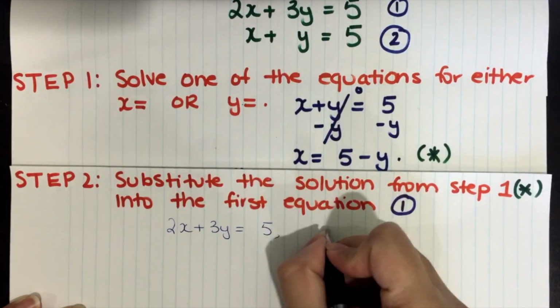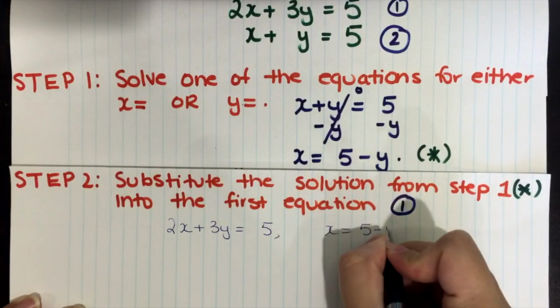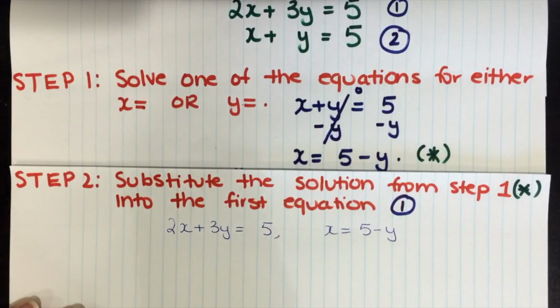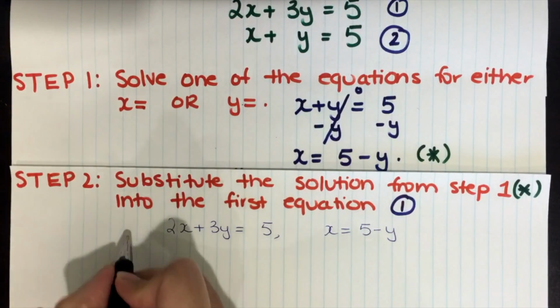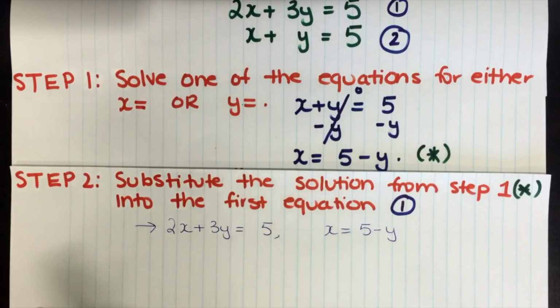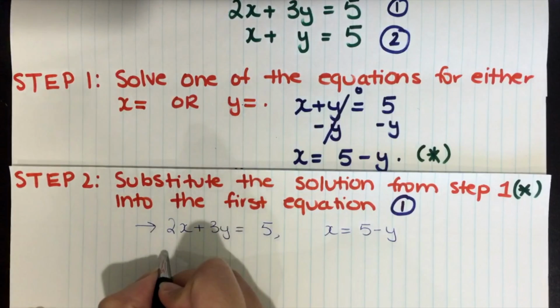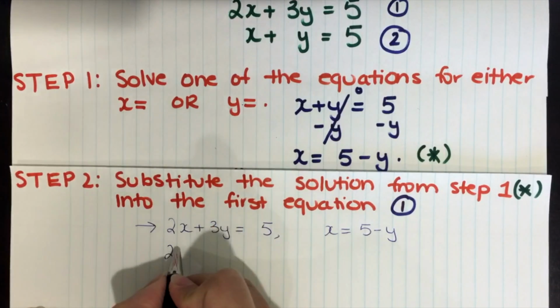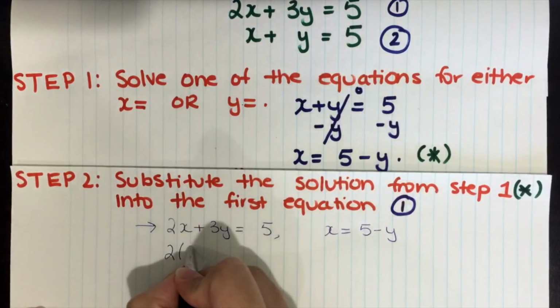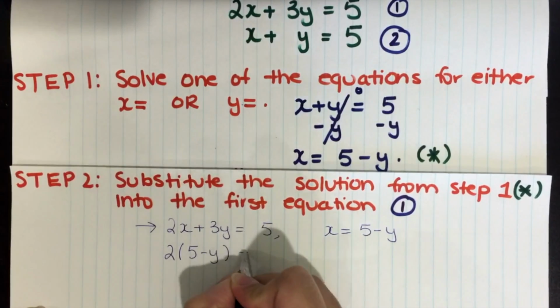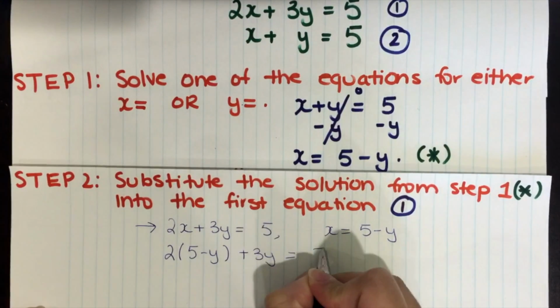And from our first step, we have x equals 5 minus y. We're going to plug it in. So we have 2 times 5 minus y plus 3y equals 5.